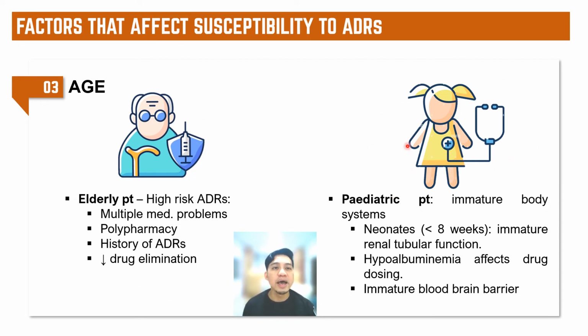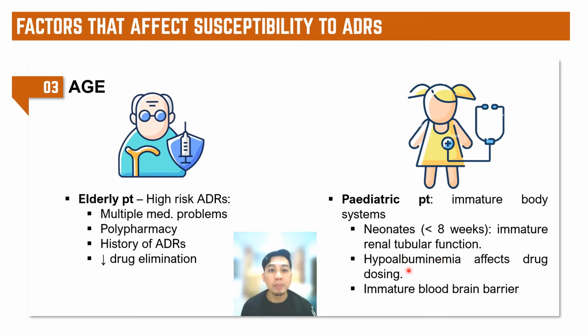Meanwhile, neonates have different body composition, metabolism, and other physiological parameters as compared to normal adults, which can increase the risk of specific adverse reactions. Neonates have immature renal tubular function when they are aged below 8 weeks, so avoiding digoxin, aminoglycosides, ACE inhibitors, as well as NSAIDs is a must.